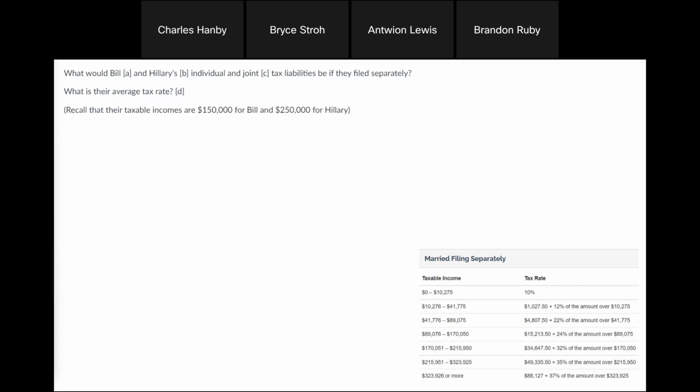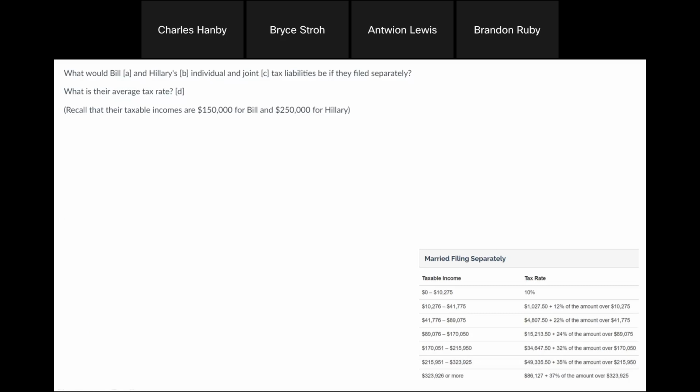I honestly don't know the rules, but I know if you are separated or getting divorced and your divorce is not finalized, this is the schedule that you would use. I think you have the option to use it, but it generally is more expensive. So we're going to calculate the liabilities, and we're going to calculate their average tax rate.